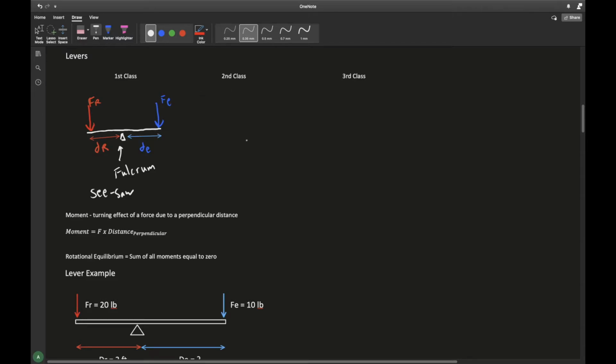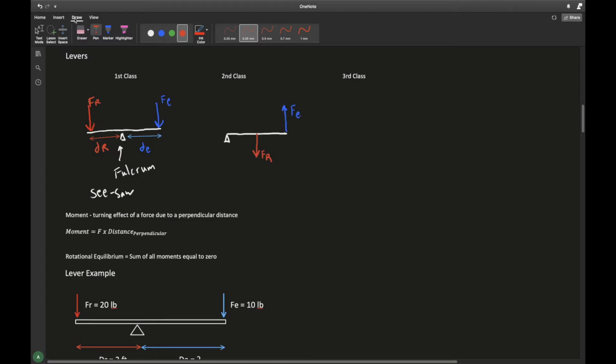The second class lever has the fulcrum now on the end with the lever bar pulling out from it. It has an effort force somewhere towards the end and a resistance force somewhere in the middle.